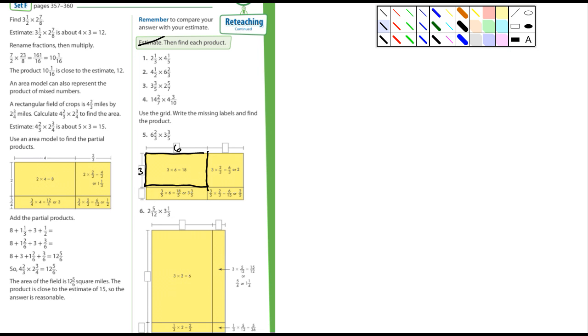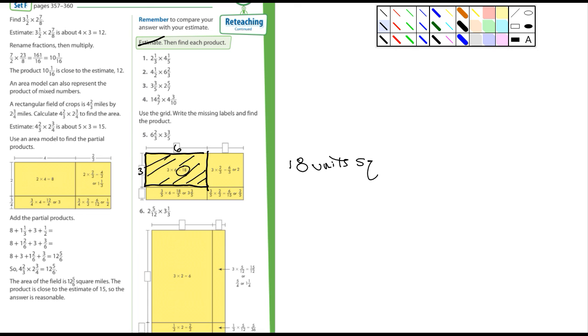And so this area right here is equal to 18. And actually, they don't give us inches or anything. So I think they should say 18 units squared.